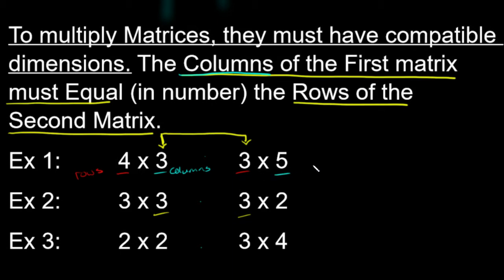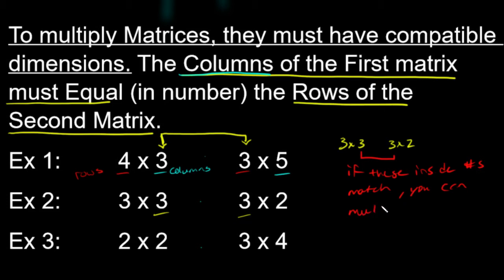And a convenient way to see this is if you were to write out the two matrices' dimensions that you're trying to multiply, 3 by 3 and 3 by 2, if the inside numbers match, you can multiply.